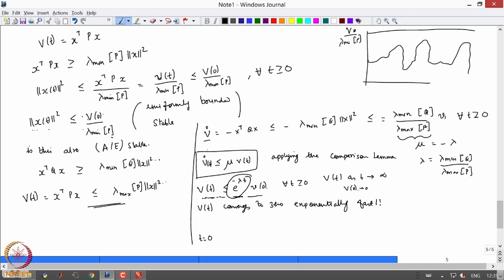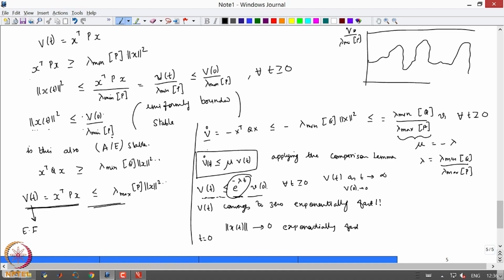Right. Now, if V of t converges to 0 exponentially fast, how are V and x related? V and x are related via this. So, if V goes to 0 exponentially fast, then x of t will also converge to 0 exponentially fast. What is the relation between x and V?